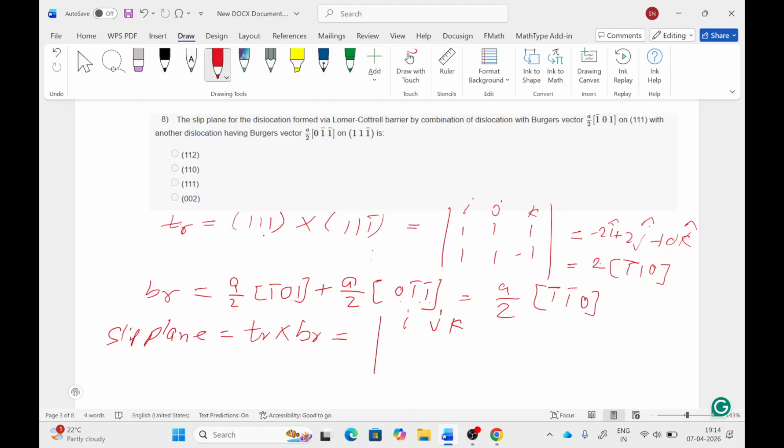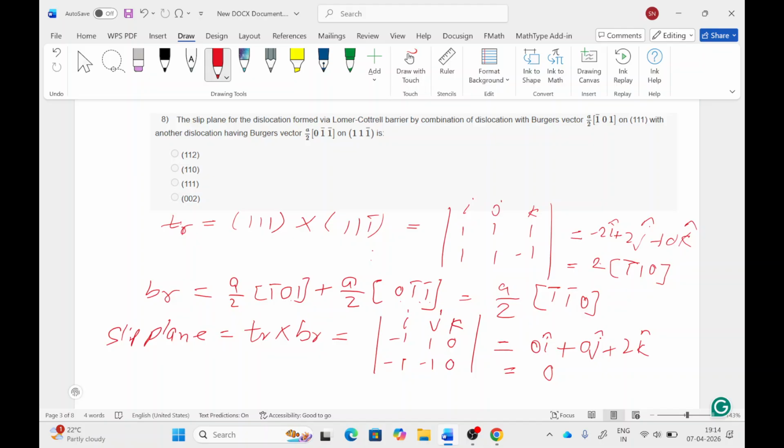So line vector is -1 1 0, and Burgers vector is -1 -1 0. So this will give y plus 0j plus 2k.